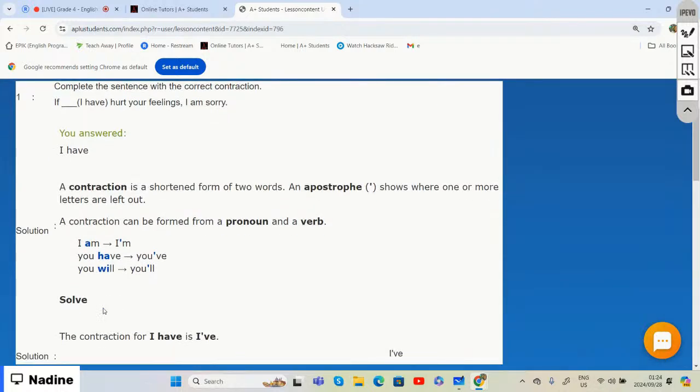And once again, we said a contraction is a shortened form of two words. And when we add an apostrophe, it shows where one or more letters are left out.